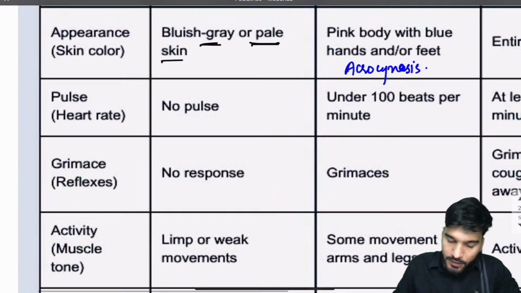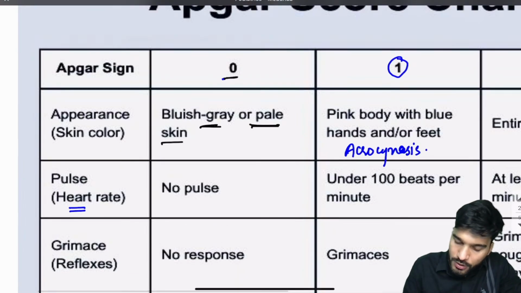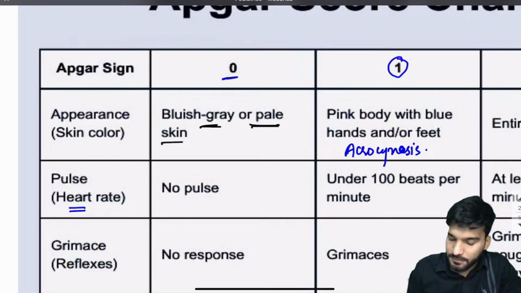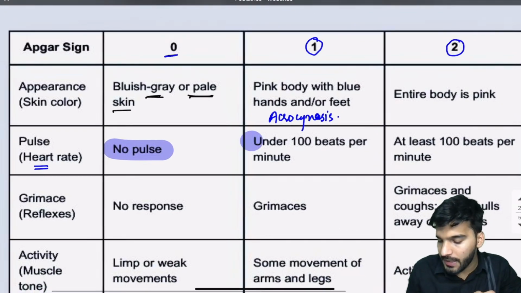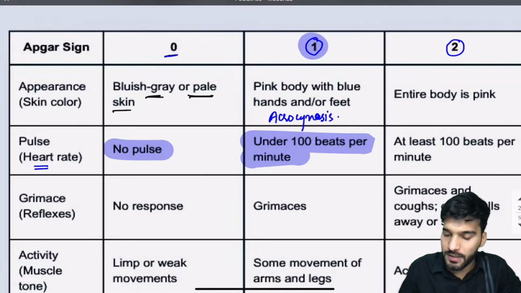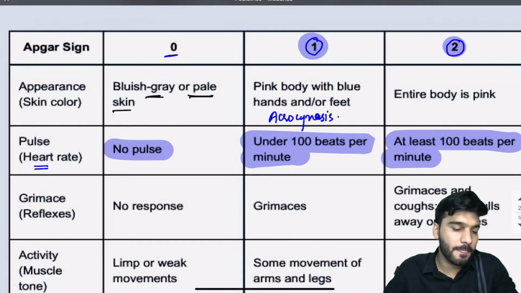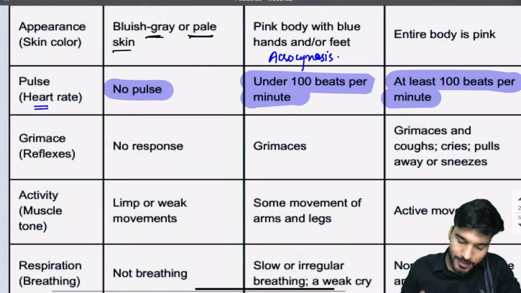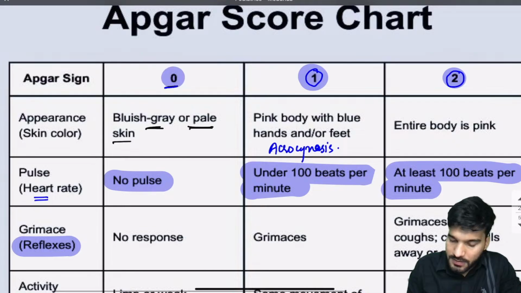Then if we talk about the pulse, if no pulse, the score is 0. If it is less than 100 beats per minute, score of 1. If it's at least 100 beats per minute or more, the score of 2. Followed by that, if we talk about the reflexes, if there is no response, it's 0.